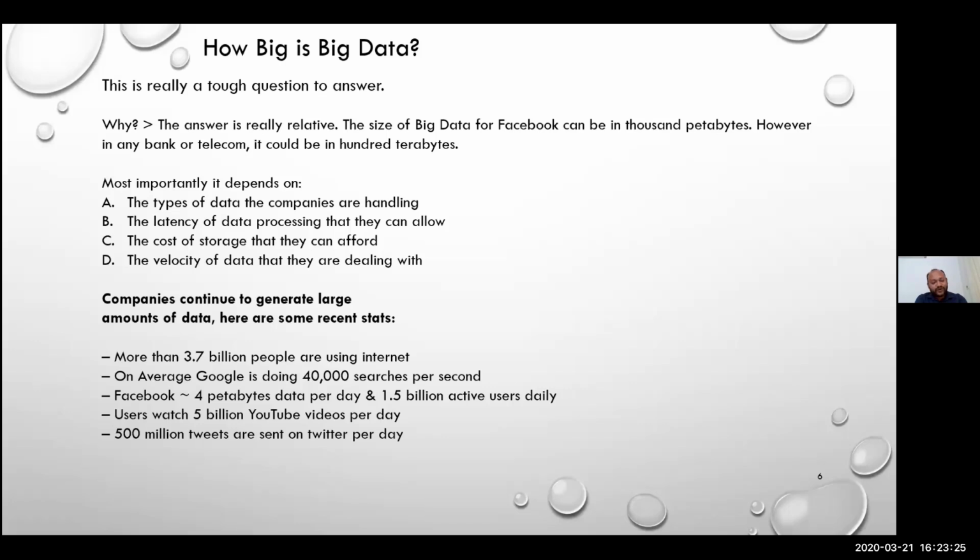More than 3.7 billion people are using the internet. On average, Google is processing 40,000 searches per second. Facebook itself generates 4 petabytes of data per day, with 1.5 billion active users daily. Users watch 5 billion YouTube videos per day, and on Twitter around 500 million tweets are sent per day.